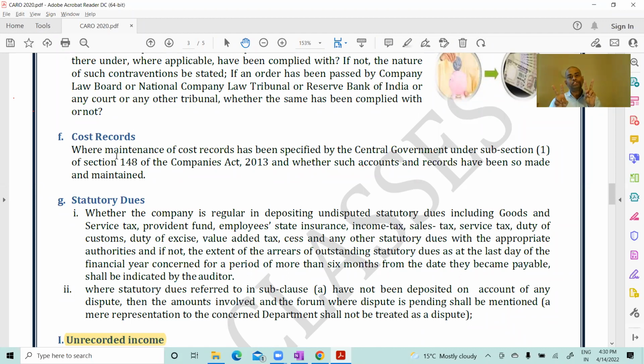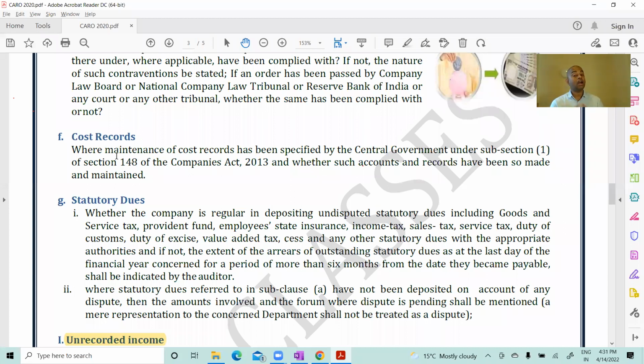There are 2 types of statutory dues. This side, undisputed statutory dues; this side, disputed statutory dues. If it is undisputed, whether the company is regular in paying. For example, TDS deducted should be paid before 7th of the next month or 7th of the quarter. GST should be paid before such and such date. So whether the company is actually paying statutory dues as per the dates given in the statute or not.